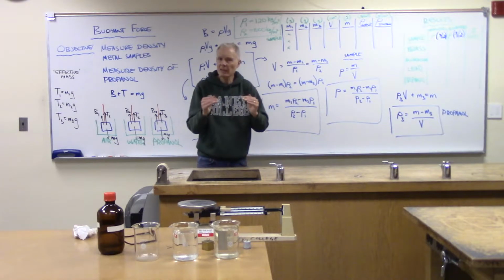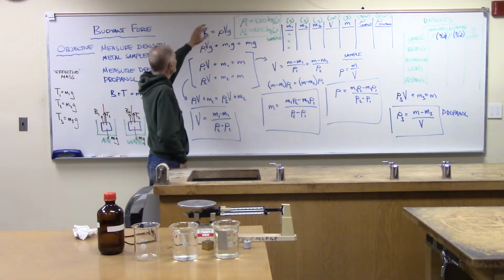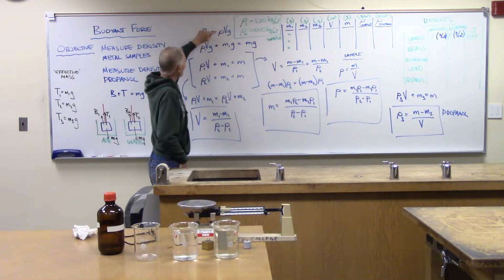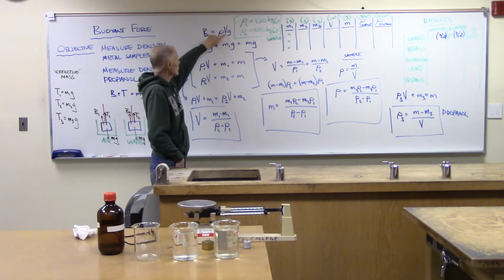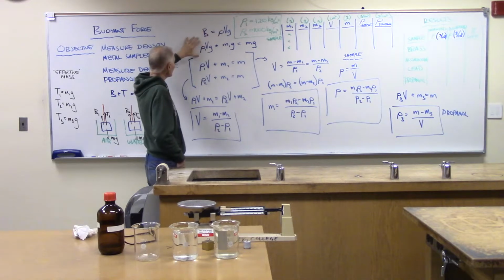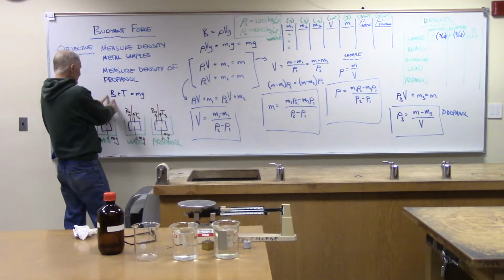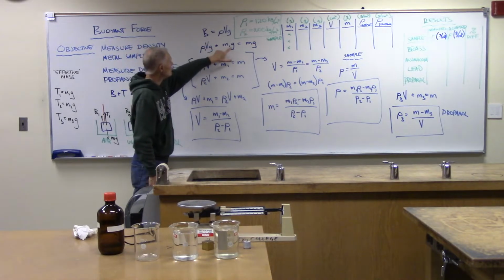So that's something to keep in mind. And again, we've talked about this in class, but rho Vg, that's the density of the fluid times the volume of the fluid displaced times g.